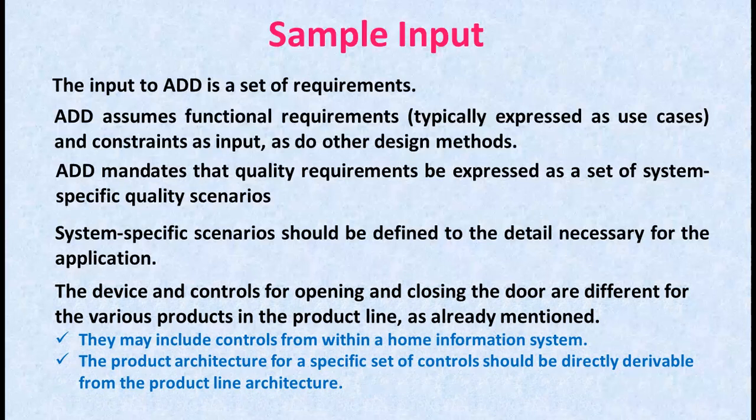The garage door opener should be accessible for diagnosis and administration from within the home information system, and should use a product-specific diagnosis protocol. It should be possible to directly produce an architecture that reflects this particular protocol.